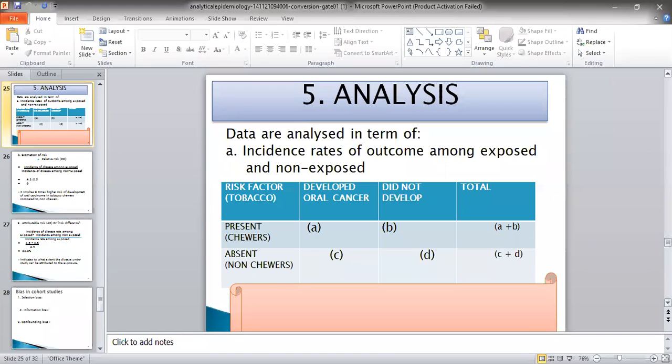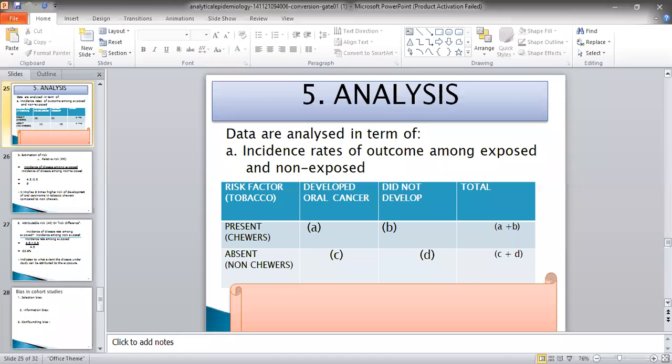The same 2x2 table that I made you do in screening and then in case control studies, we have the same 2x2 table in cohort studies too. Risk factor: tobacco chewers present, non-chewers absent, and either developed cancer or did not develop cancer.